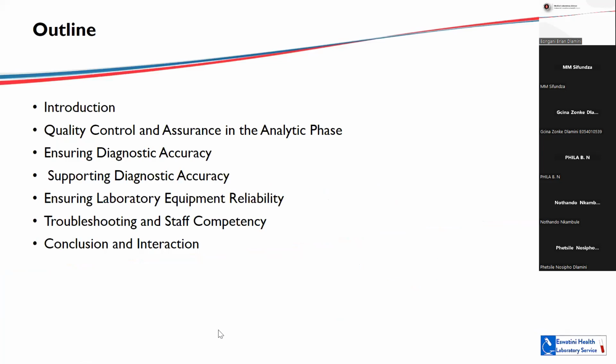Our outline is as follows: we briefly look into the introduction, then quality control and quality assurance in the analytical phase, then ensuring diagnostic accuracy, supporting diagnostic accuracy, ensuring laboratory equipment reliability, then we tackle troubleshooting and staff competence, then we conclude.